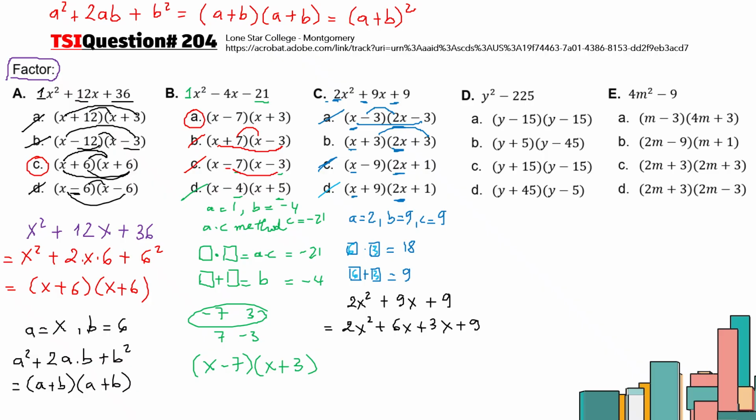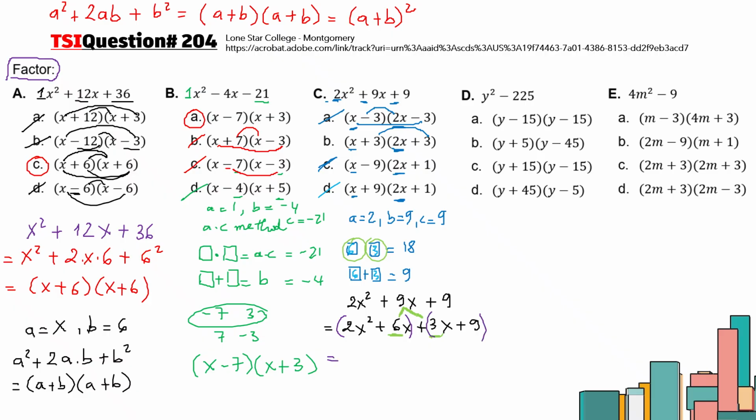I broke it using my AC method, where 6 is coming from here, and 3 is coming from here. Those two numbers I found in the AC method. And you see that 9 is the combination of 6 and 3, and x is the term, right? The 6 and 3 are the coefficients. So now I will group the first two terms and then the last two terms.